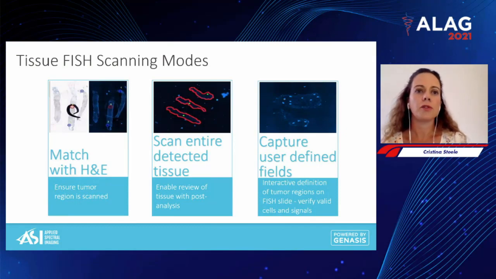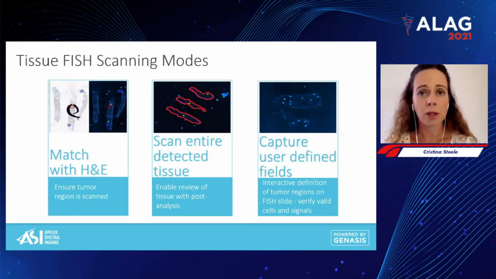And we also have a few different scanning modes available specifically for tissue fish. So the first one, as I just previously described, matching with a pathology slide. Our first adventure into AI and deep learning algorithms is the workflow of automatic tissue identification and scanning, which I'll go into briefly in the next few slides.